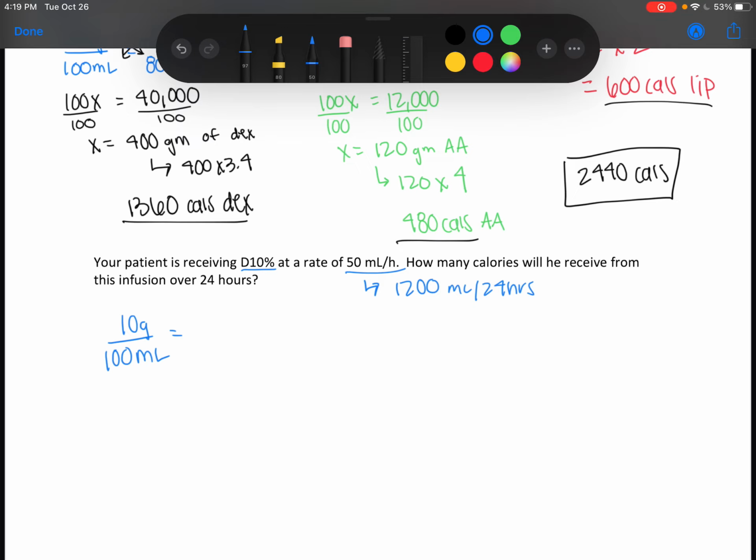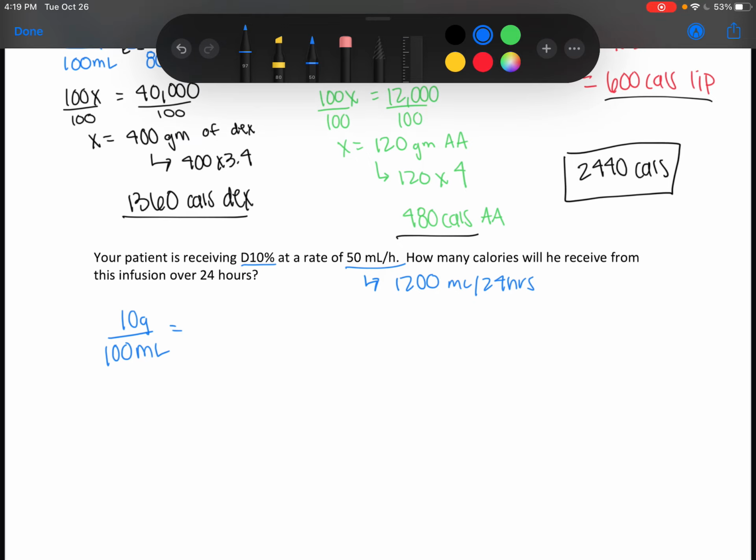So then we will take that number and we will do X over 1,200 mils. And that will give us our grams total for the day. So we're going to cross multiply like before and get 100x equals 12,000. Divide by 100. And we get x equals 120. And this is our grams.